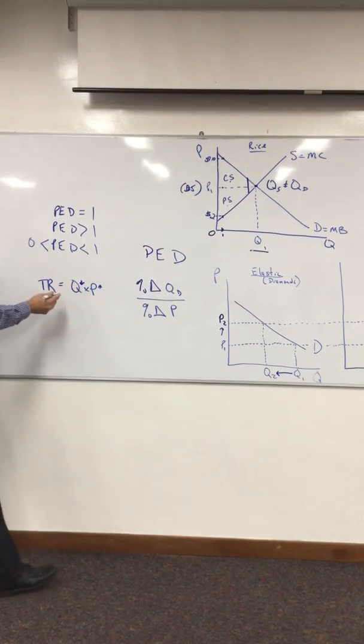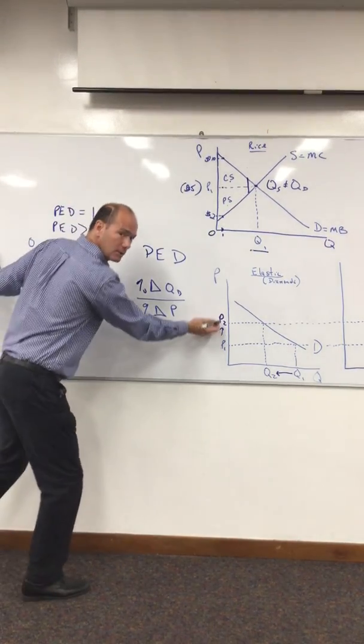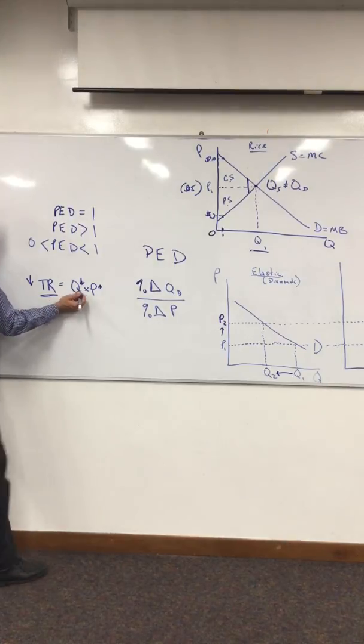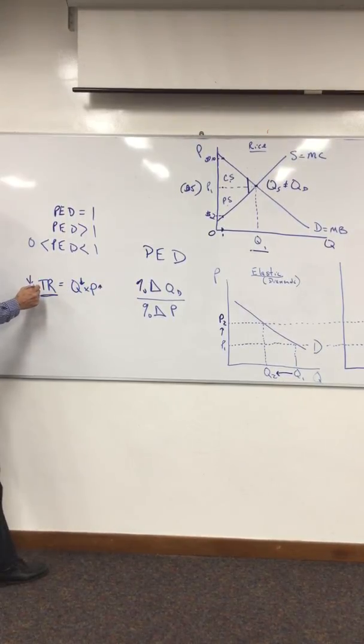So here's the thing. When the price goes up, whether or not total revenue rises depends on which one of these is greater. If the percentage change in the quantity is greater than the percentage change in the price, then the total revenue in the market will fall. If the percentage change in this number is greater than the percentage change in this number, then this number will reduce.